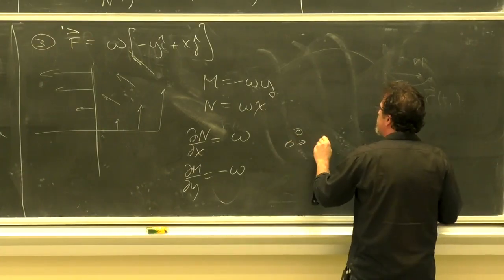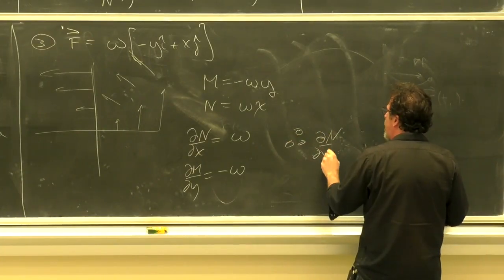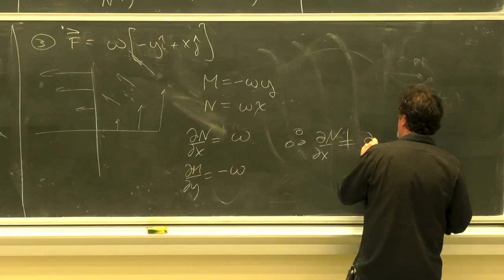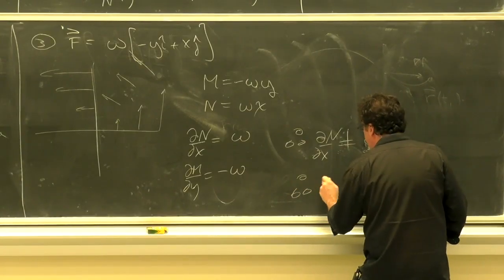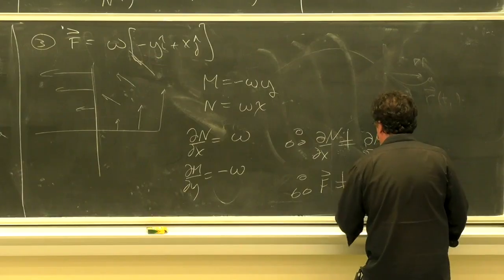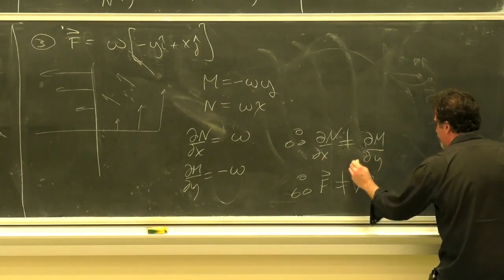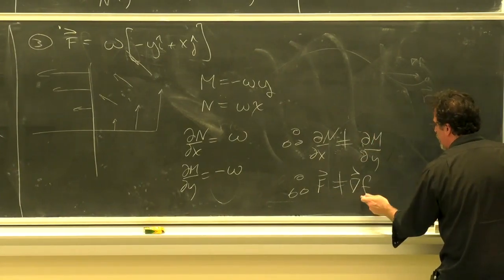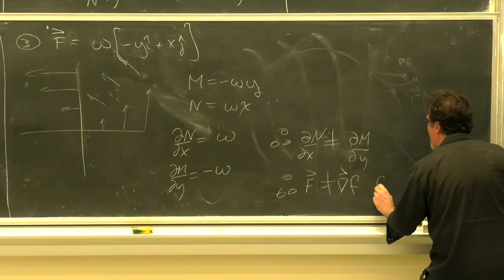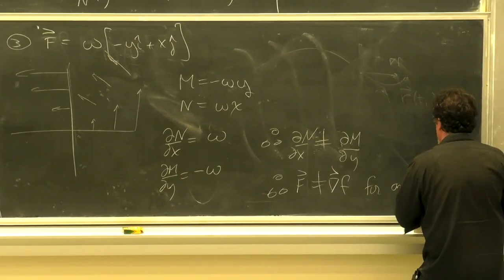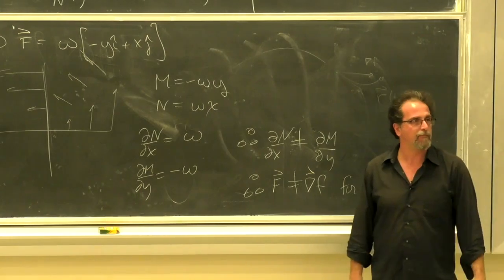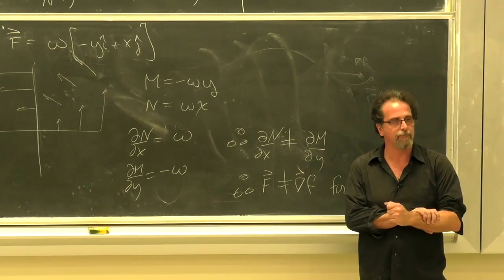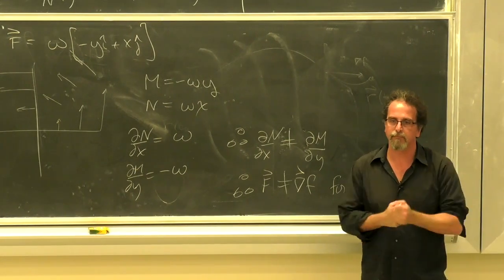Therefore, dN/dx is not equal to dM/dy. Therefore, the vector field F is not equal to the gradient of little f for any little f. It's not a gradient.